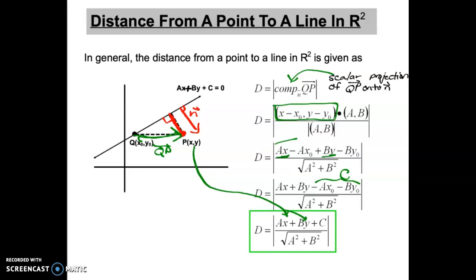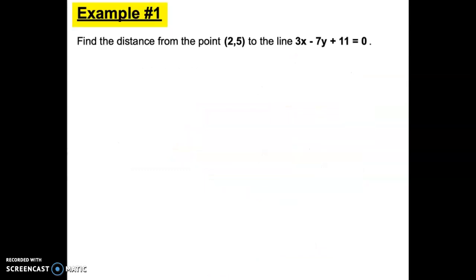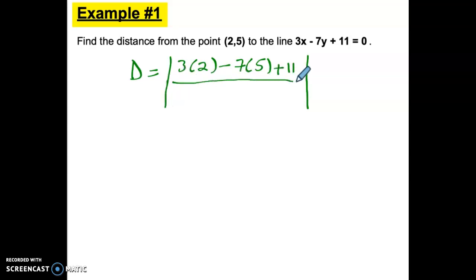So let's give this a try right now. Here's an example. We're finding the distance from the point (5, 2) to this line. We're going to use that distance formula, which is really just the scalar projection simplified. So we're going to use our line, but we're going to fill the point in for x and y. So there's the line, and then it's all over the magnitude of the normal.